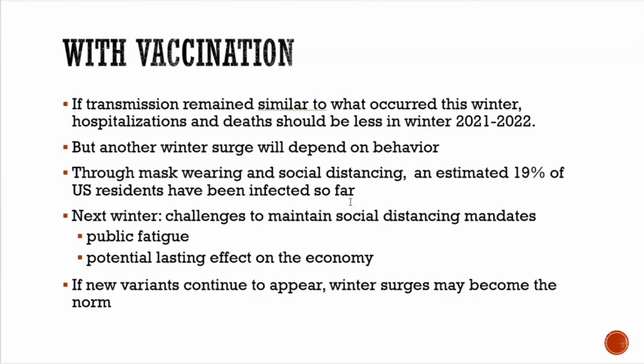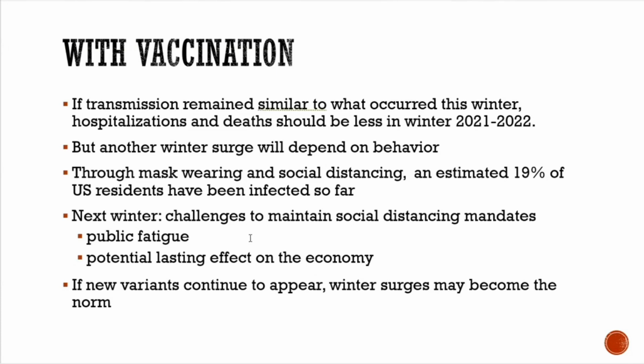So far through mask wearing and social distancing, before the vaccines came along, an estimated 19% of US residents have been infected so far. So what are the challenges for next winter, a year from now? Maintaining these social distancing mandates, right? Where are we going to be? And this is in the context of the new variants, right? So it's going to be a lot more difficult.